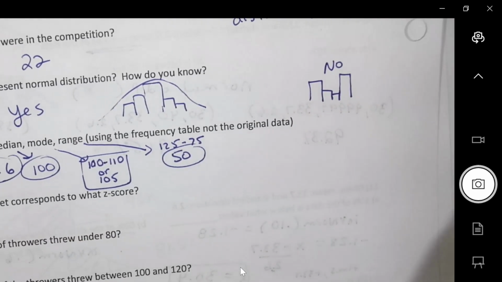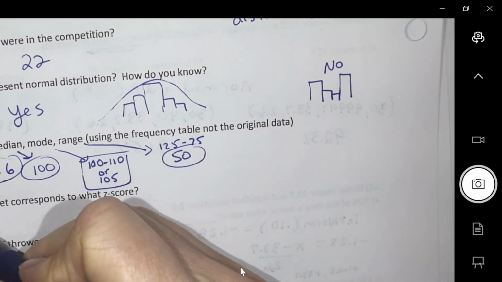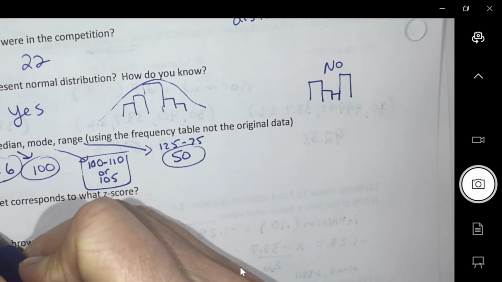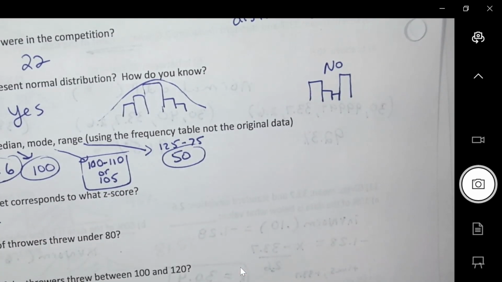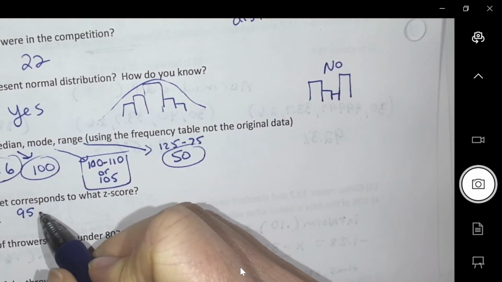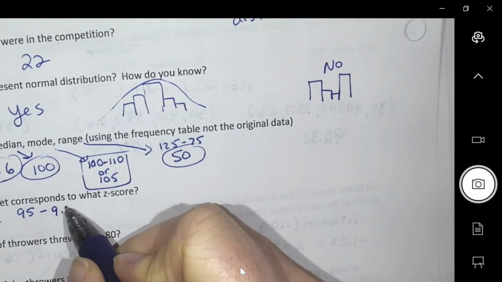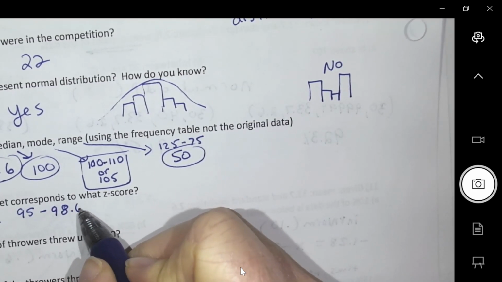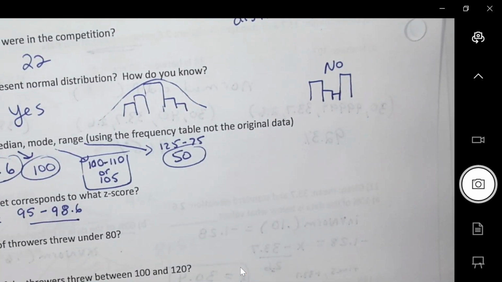A score of 95 feet corresponds to what Z-score? So I'm going to use the Z formula. 95 feet minus the mean over the standard. Oh, I didn't write this down.